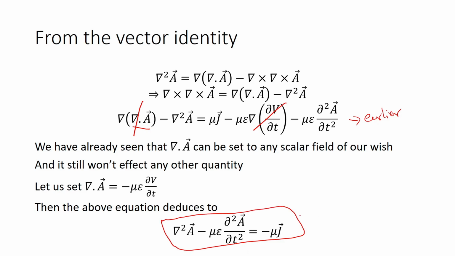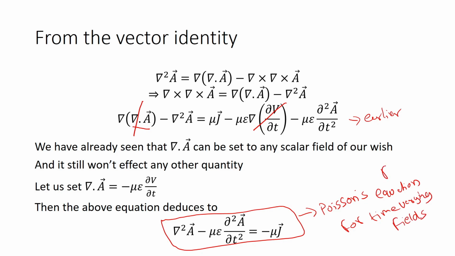This is the Poisson's equation for time varying fields. Poisson's equation for vector magnetic potential.